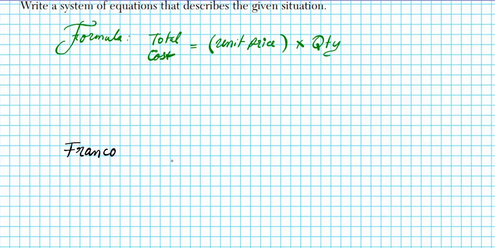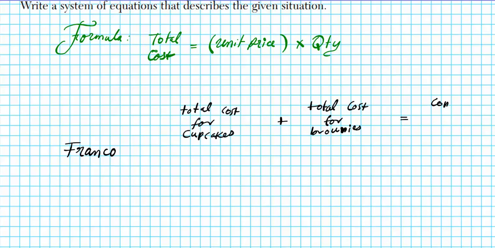For Franco, we're looking at the total cost for cupcakes, and then we're going to add the total cost for brownies, and then that will equal the combined total, the combined total for brownies and cupcakes.